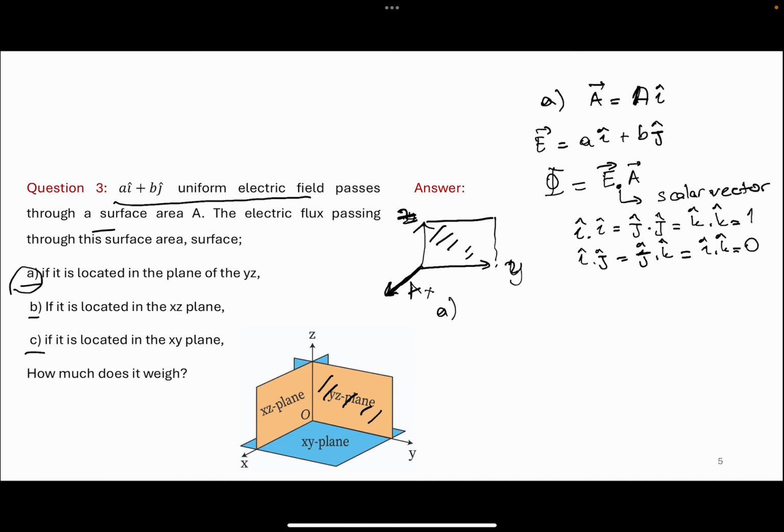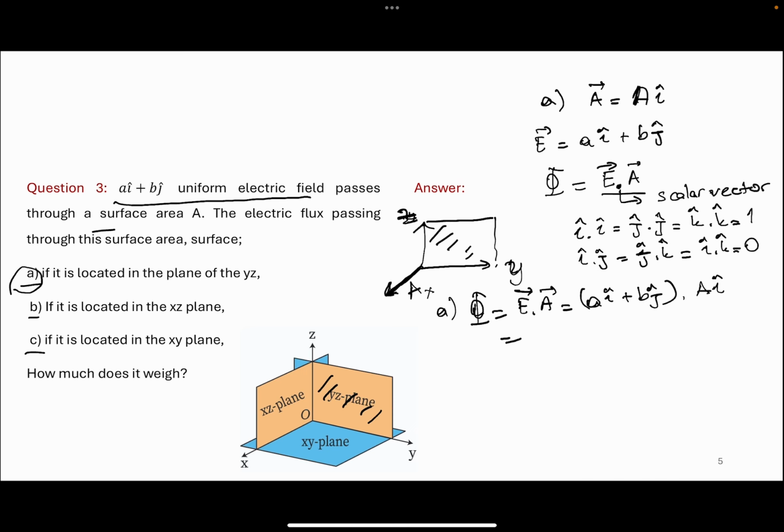We are still on question A. Flux equals the dot product of E and A. Now I will write it: the E field has a component in i and a component b z, and the surface vector is A times i.